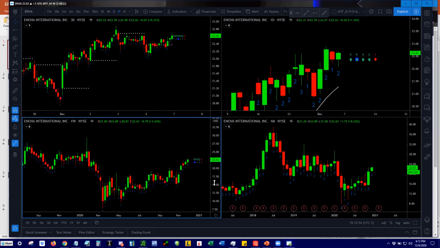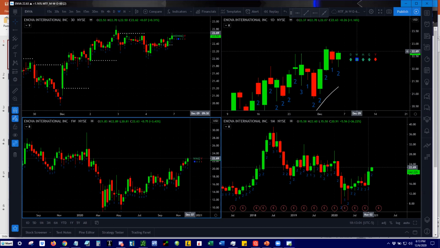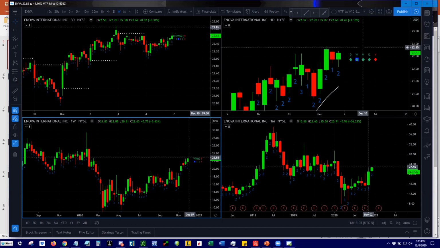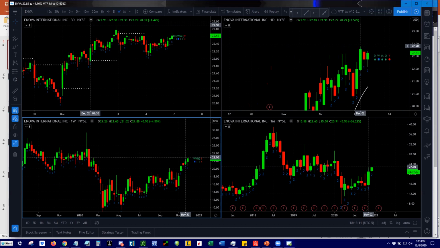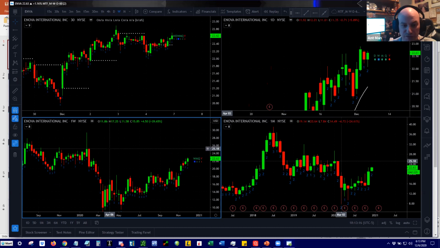So entry on that would be roughly what? The 2270 area, maybe. 2270, and then our magnitude would be initially to 2290. But if we look at that weekly, weekly would go to 25. That's a big move.